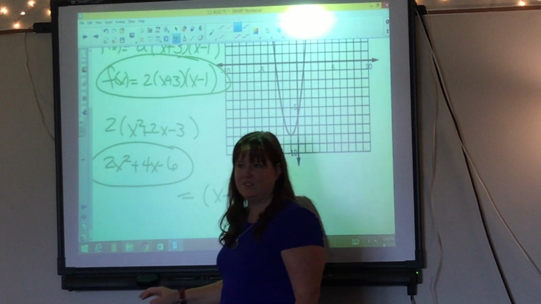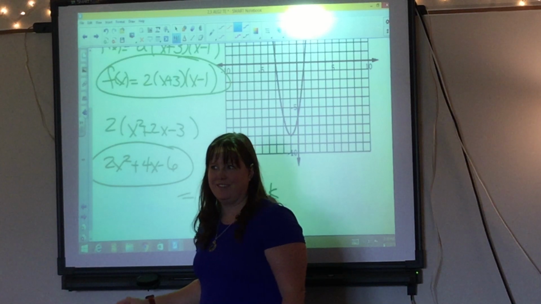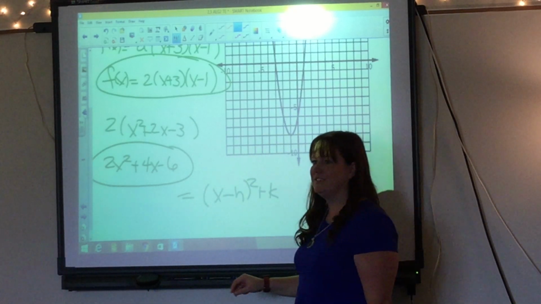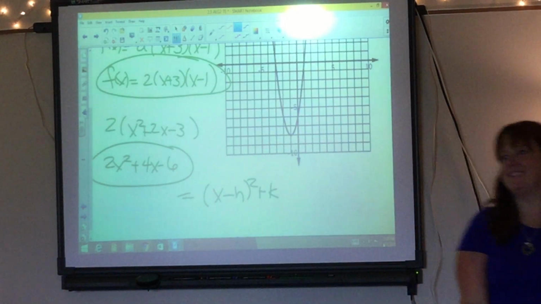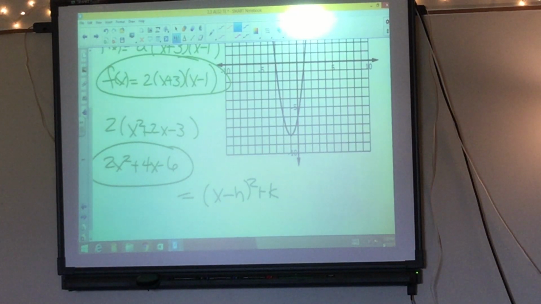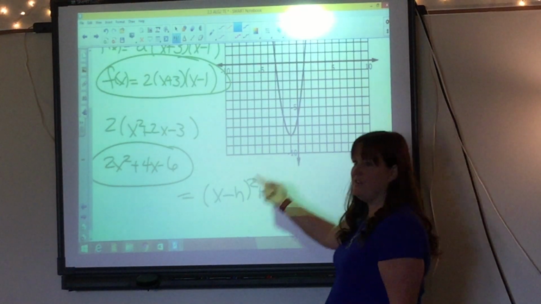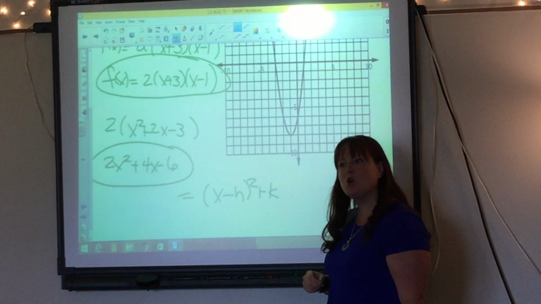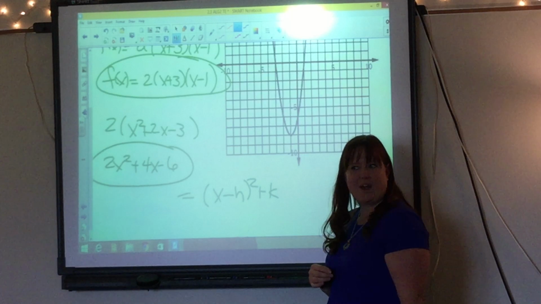You could guess, like if you have an x. Oh yeah, you could find the vertex of this one and then just write it. Do you play the trumpet?